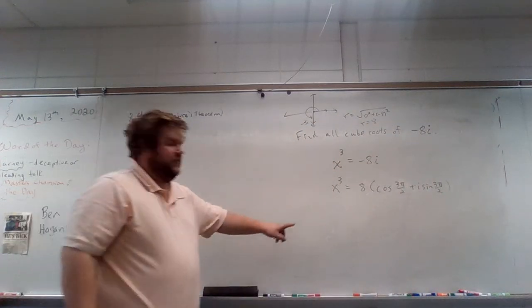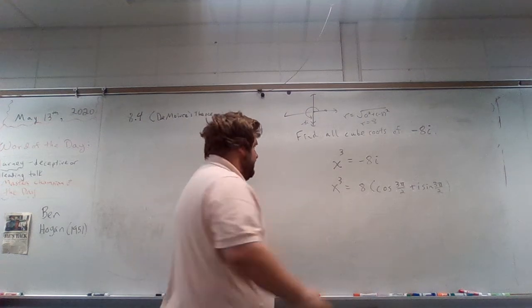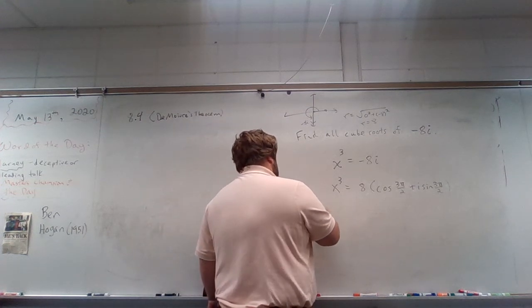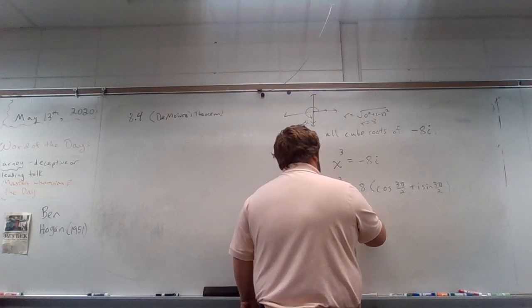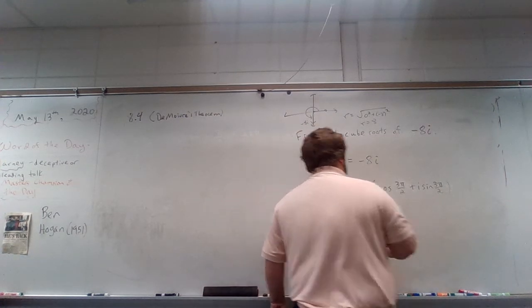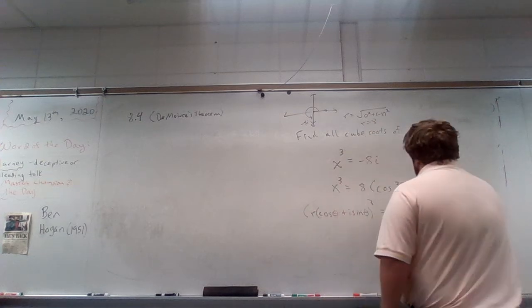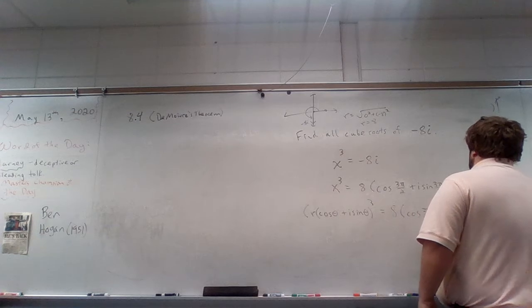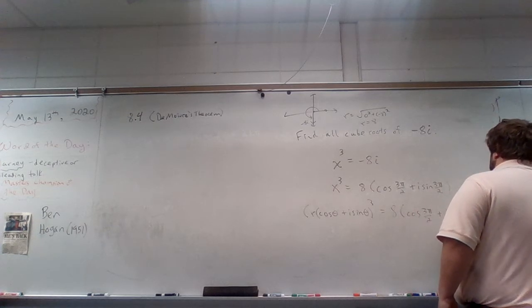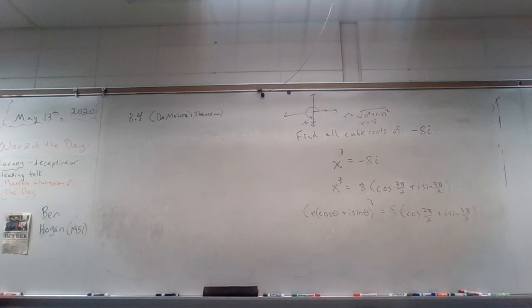And then remember what we do here. I plug in this polar form for this number. So it's r cosine of theta plus i sine theta, cubed, is equal to this 8 cosine of 3 pi over 2 plus i sine of 3 pi over 2. So good so far.